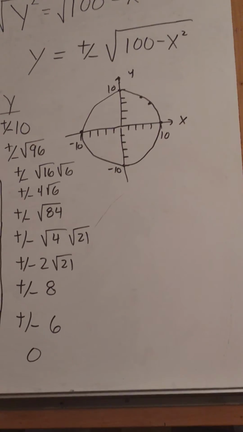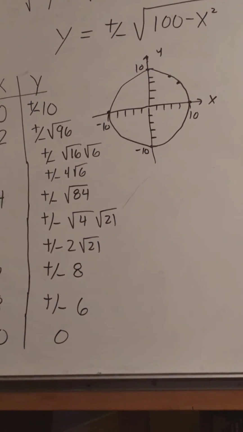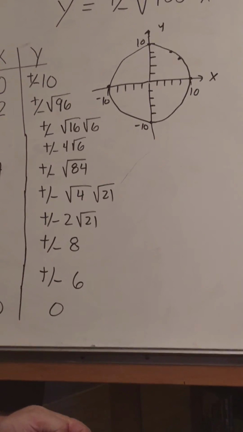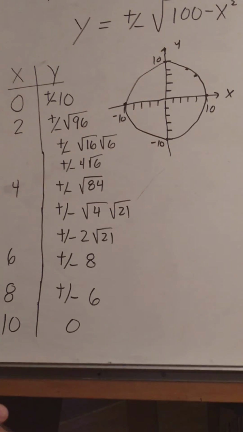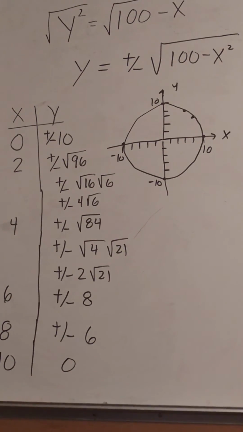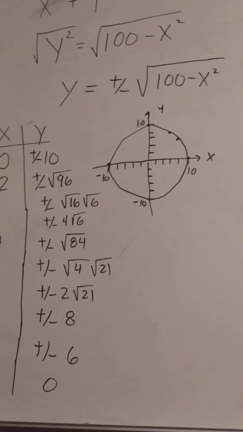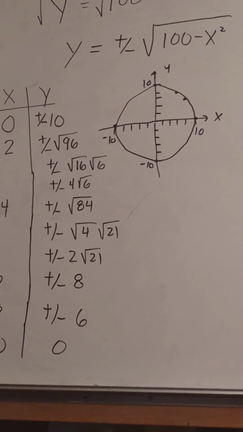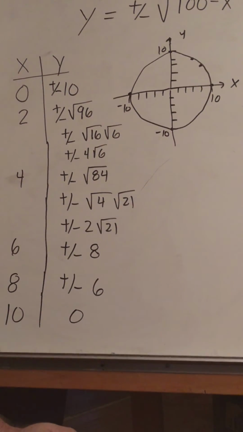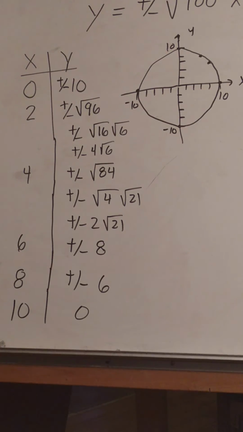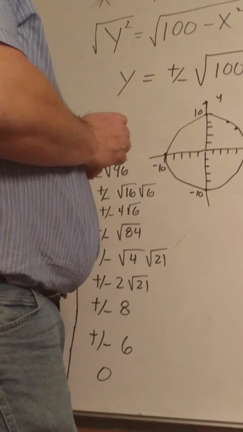Look at what the little box says: the graph of any equation in the form the quantity x minus h squared plus the quantity y minus k squared equals r squared is a circle whose radius is r and whose center is at the point h, k. I'll let you prove it to yourself.